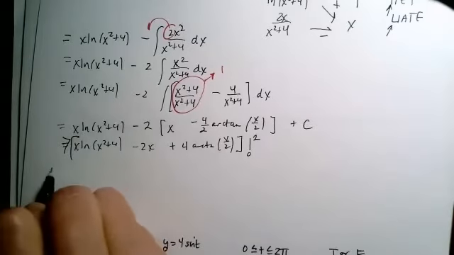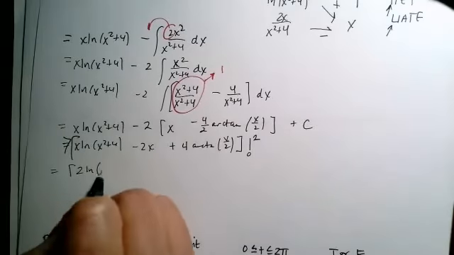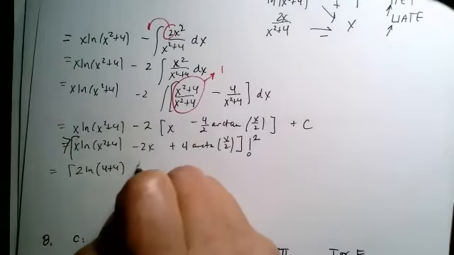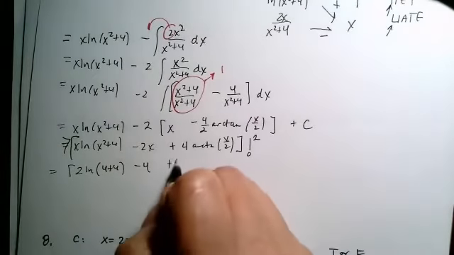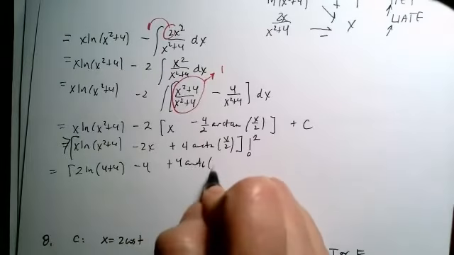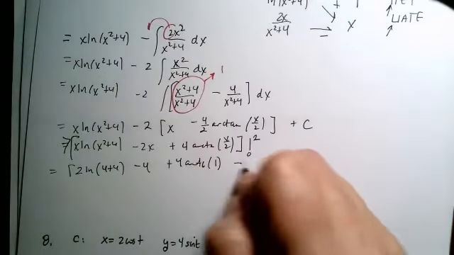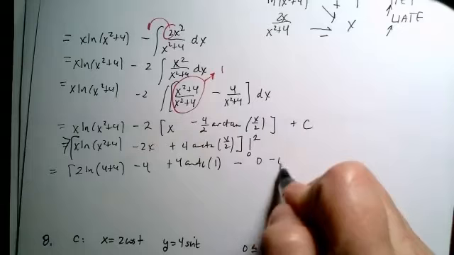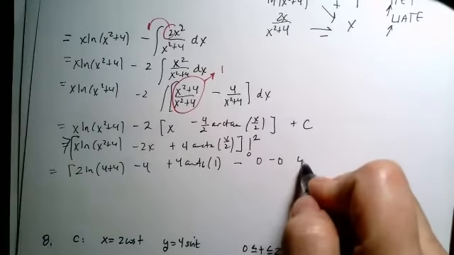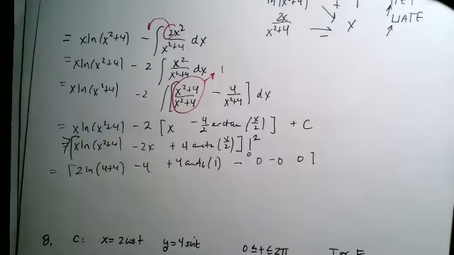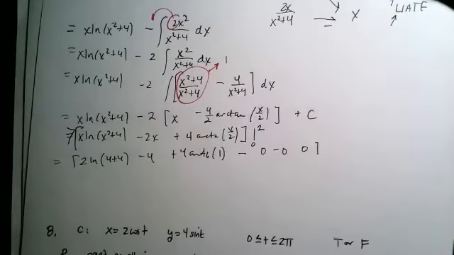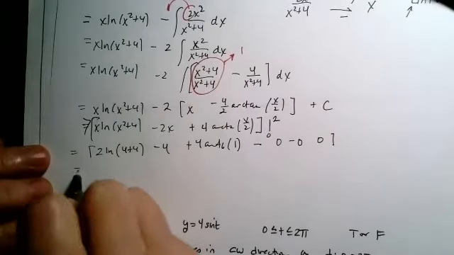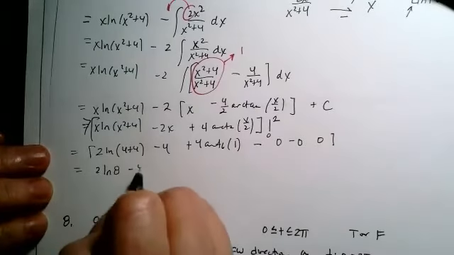So we'll have 2 times the log of 4 plus 4, minus 4, plus 4 times the arctangent of 1. Then we subtract 0 minus 0, and 4 times the arctangent of 0 is 0. So that's going to give us 2 log 8 minus 4.